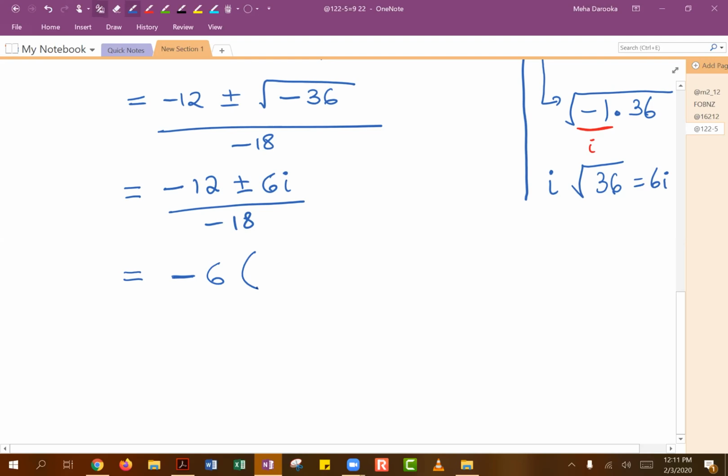Why am I bringing a -6 outside? Because I've got a negative sign here, right? So I can bring the negative, and I know plus or minus also has a negative sign in there. So I can bring outside a -6. So -6 will go into -12 how many times? 2? Okay.